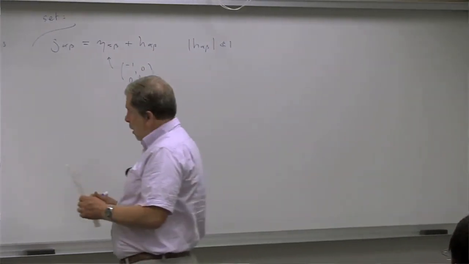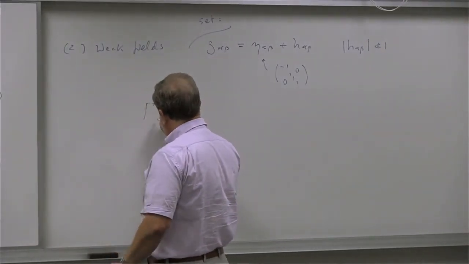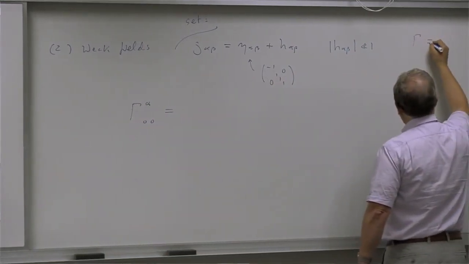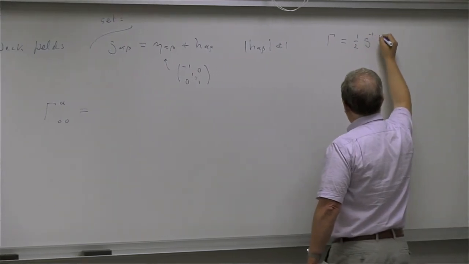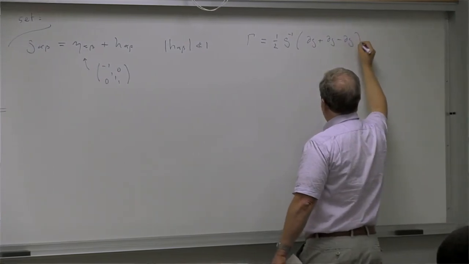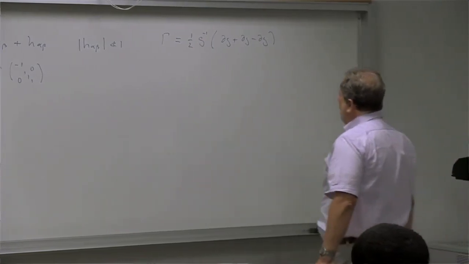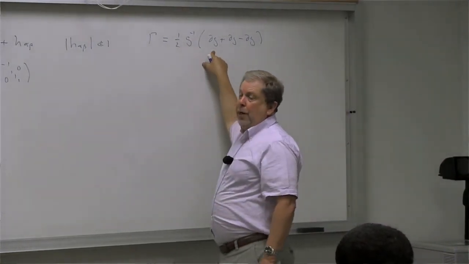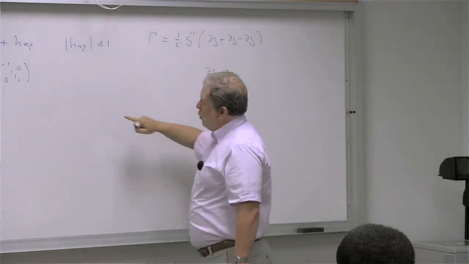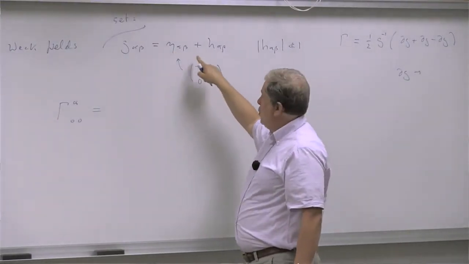And so, therefore, we now look at what gamma alpha naught is. Now, do remember that gamma, in schematic form, is 1/2 g to the -1 times dg plus dg minus dg. It has these 3 terms. And we're interested again in the leading term in h. So the dg, when you take the derivative of the metric, this gives 0 because the flat part is constant, so you get dh.